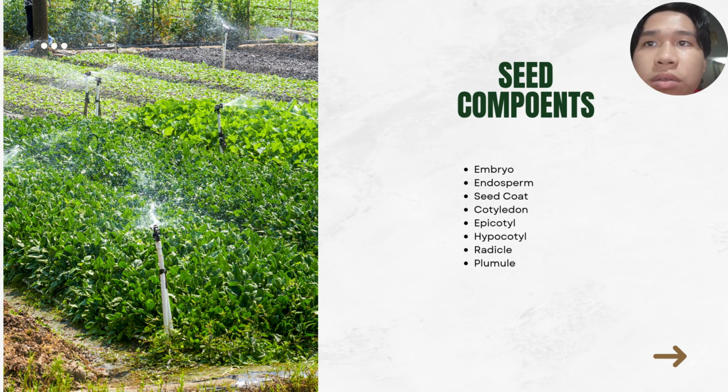Epicotyl is a tiny shoot from which the entire plant shoot system develops. Hypocotyl is a germinating seedling stem, normally found underneath the seed leaf but above the root. Radicle gives rise to the primary root of the seedling, and plumule forms the shoot system of the plant.